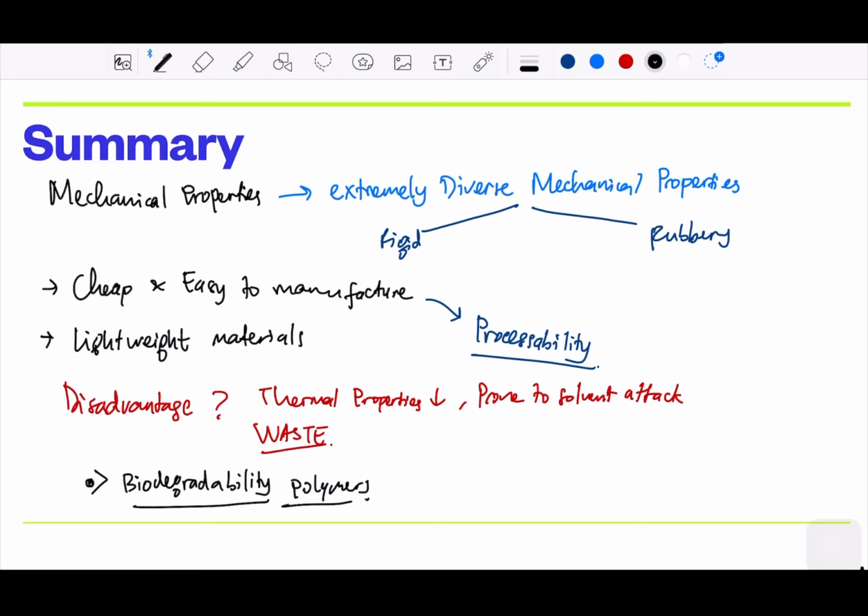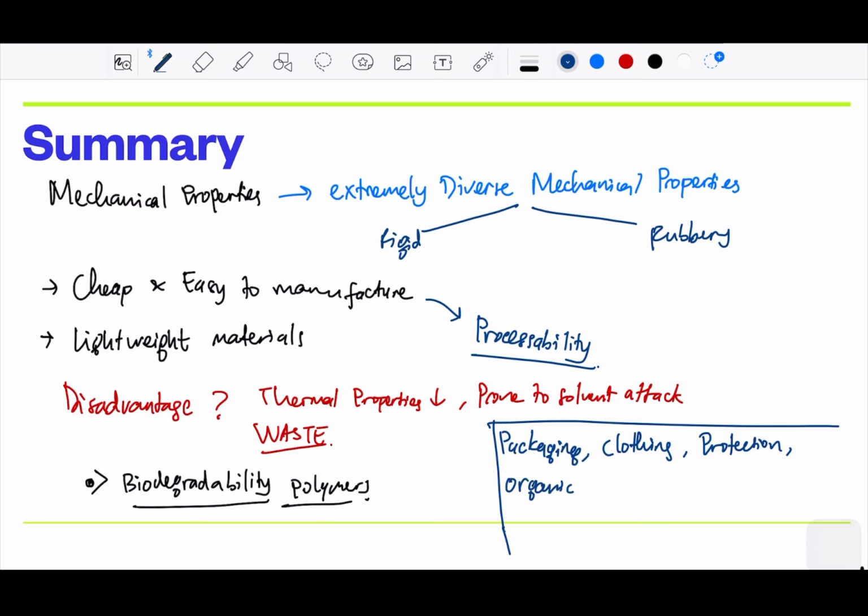And applications. Okay, I think as I read some of your assignments, I haven't read all of them, but I have read some. So some applications range from packaging, right? Clothes, clothing, utensils, protection, right? What I want to add is we can also have organic electronics or the super absorber, like for diapers, this is also a polymer.